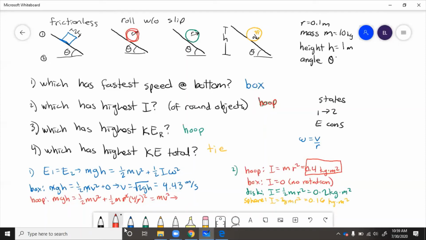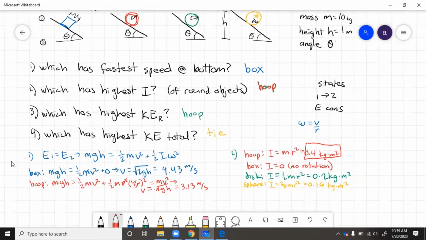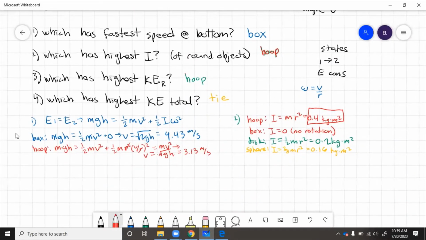So v equals square root of gh, which equals 3.13 meters per second. So that is definitely less than the box. We'll look at the other ones.